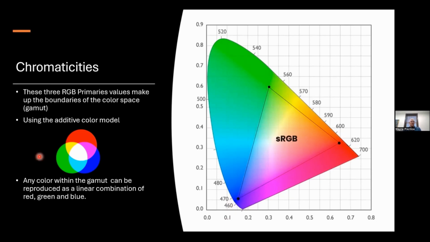For example, this yellow right here is going to be halfway between the green and the red, but add no blue. Magenta, for example, is going to be somewhere here between red and blue. So this is a color model, and all the colors we can reproduce are all done by adding a positive value of R, G, and B.